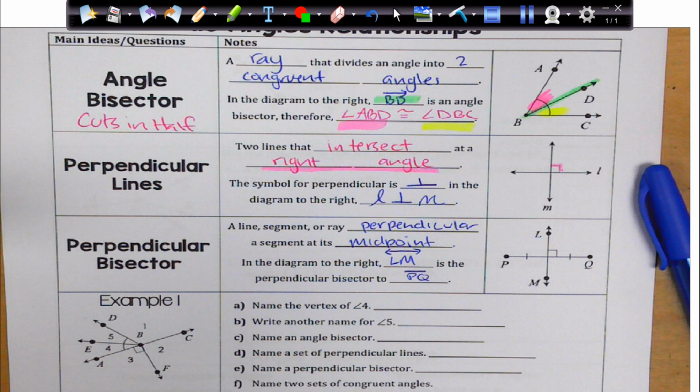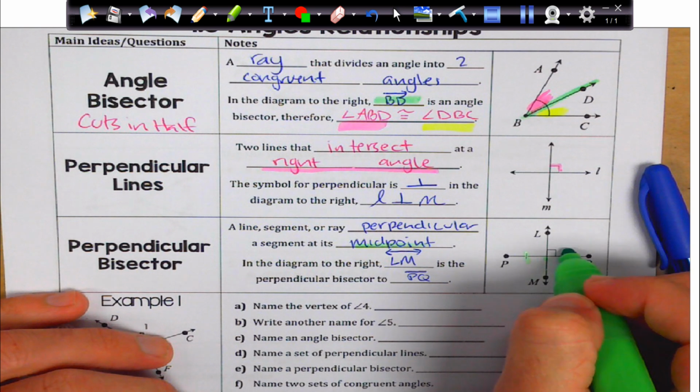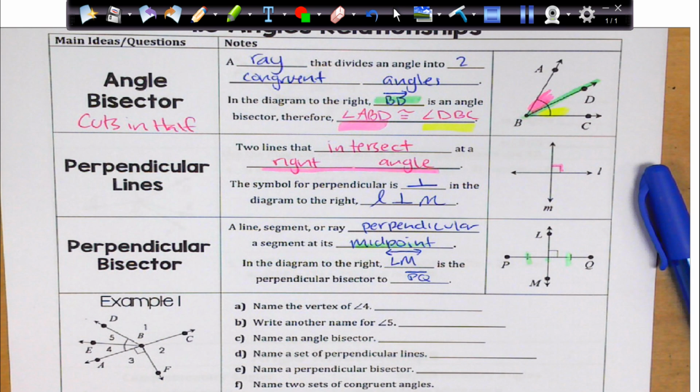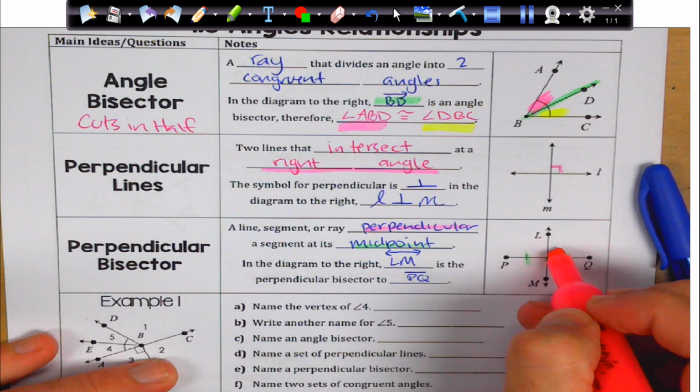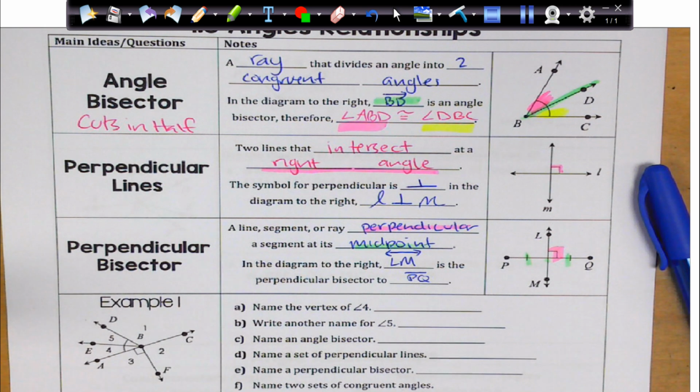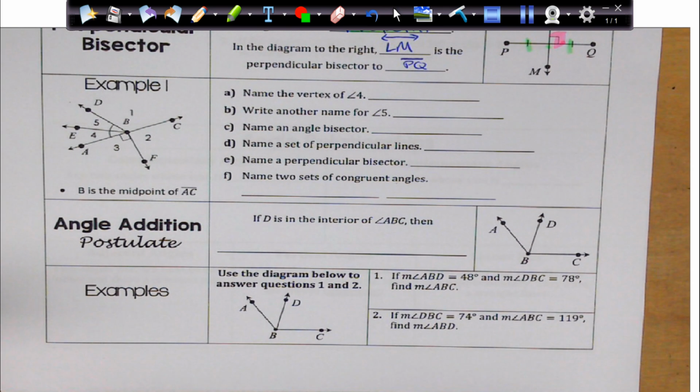And here we can see that our midpoint is established by the dot. Because these two pieces are congruent, we know that that little point is in the middle. And then we also know that it's perpendicular because we got our little 90 right there. Okay? All right. Again, we're going to try and hit some examples more so in class than during our notes.